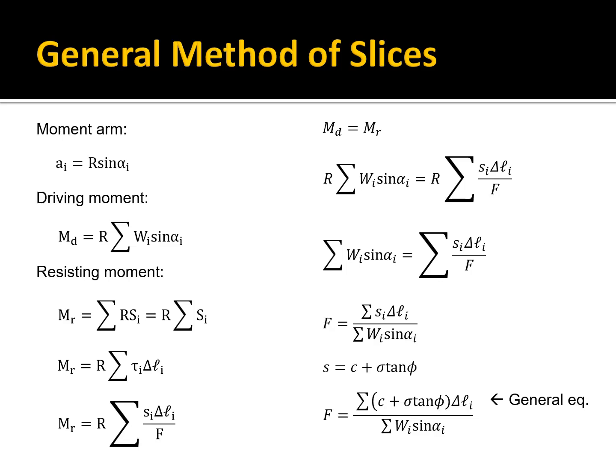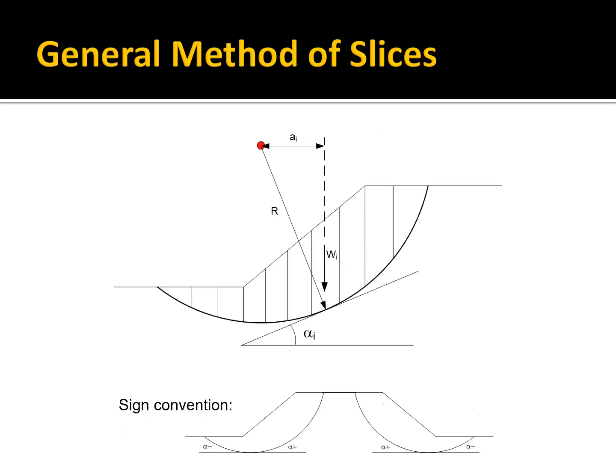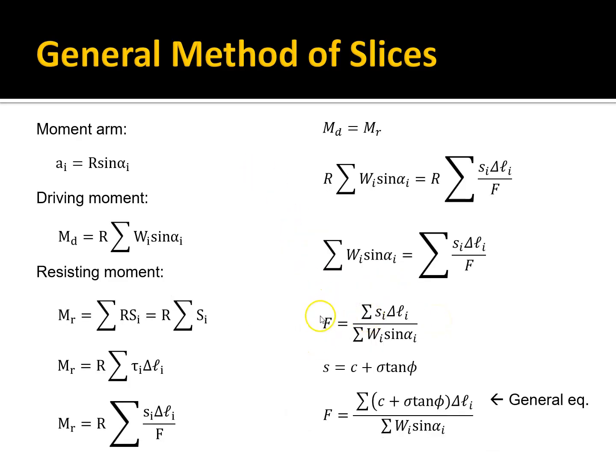Now the resisting moment is, you look at the shear force along the bottom of each of these slices, and you have to add that up and multiply it by its moment arm, which is R. And so we have the sum of R times SI.